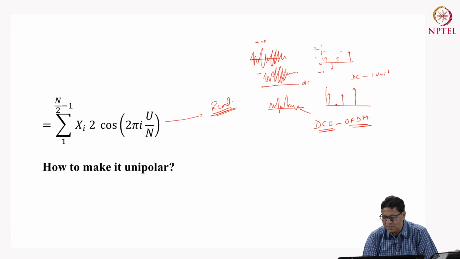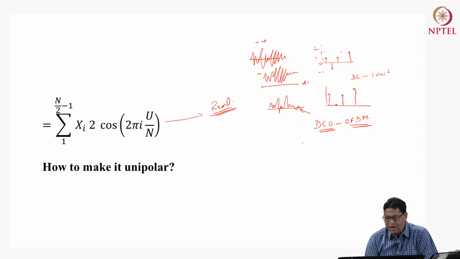So I will introduce some sort of clipping distortion. So there has to be a compromise between how much DC shift you are giving, because you are making it more power inefficient, and if you are not doing it, then you are adding clipping distortion. So there has to be some balance here.